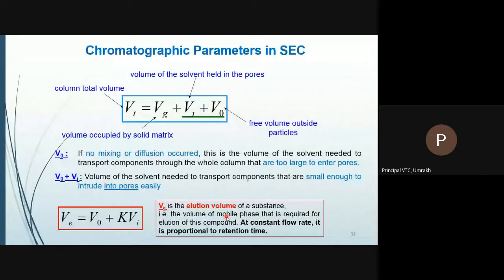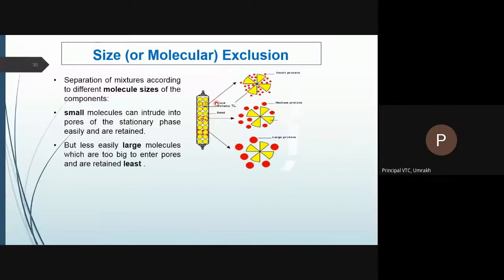Now there is some theory or chromatographic parameters behind size exclusion chromatography. There is an equation: Vt is equal to Vg plus Vi plus V0. Vt is the total column volume. As I have shown here in the figure, this column volume will be Vt.